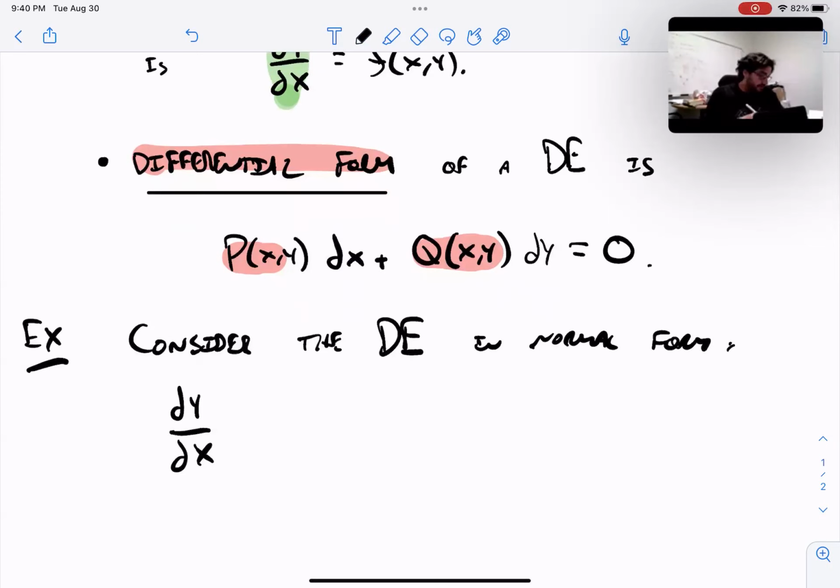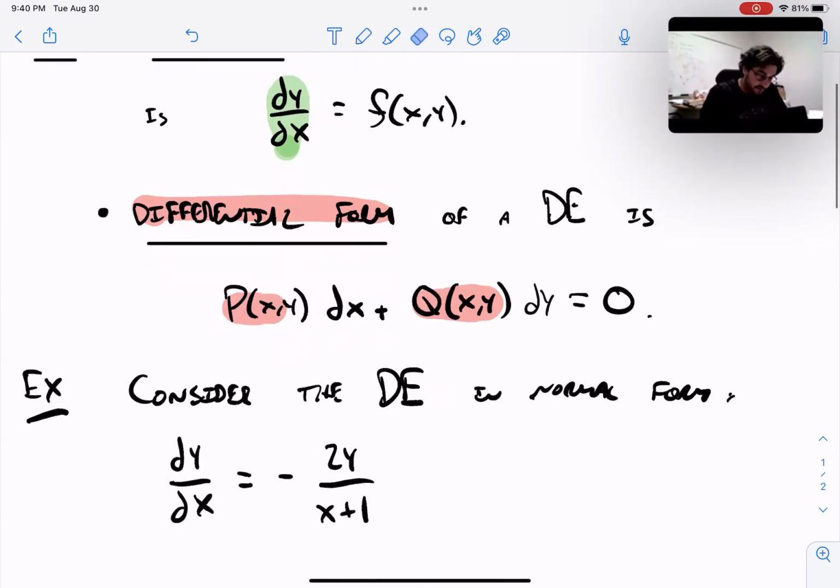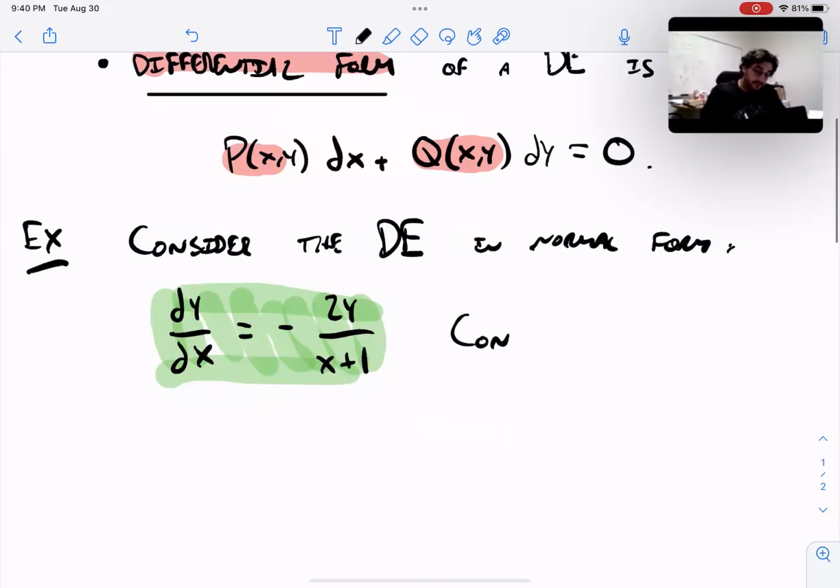So suppose you had this differential equation, dy/dx equals, let's say, negative 2y divided by x plus 1. Say that we had this differential equation in normal form. So this is the normal form version of this DE. Let's convert to differential form.